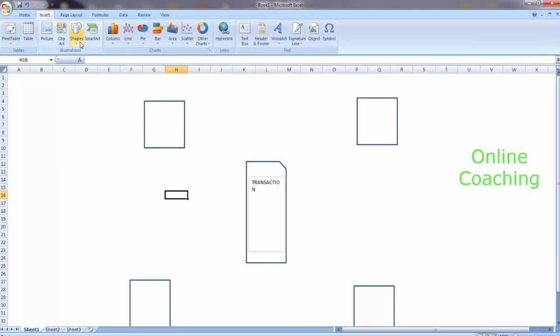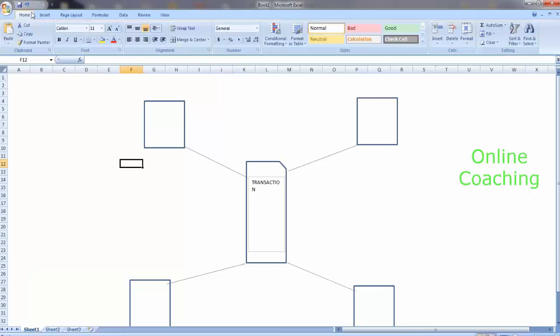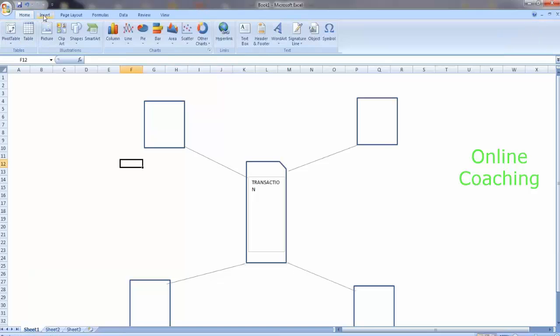Then what I'm going to do here is, let's say, I want to make this a table.